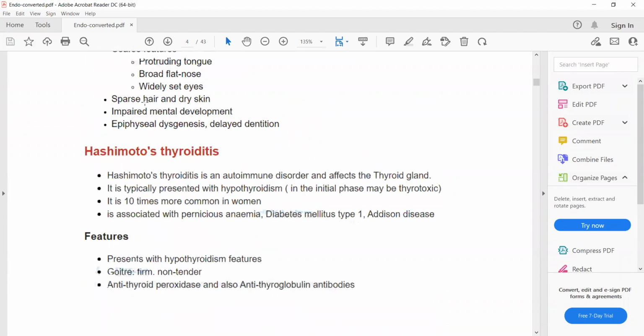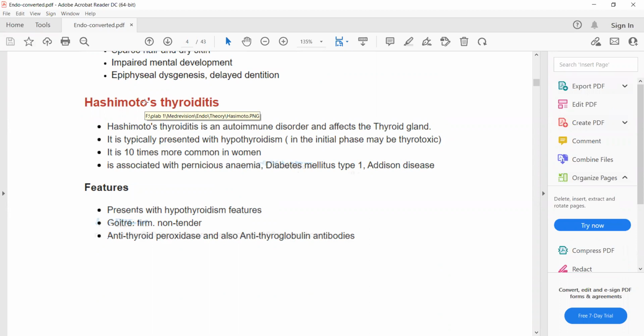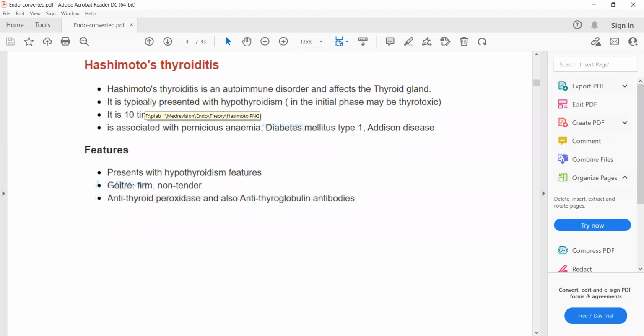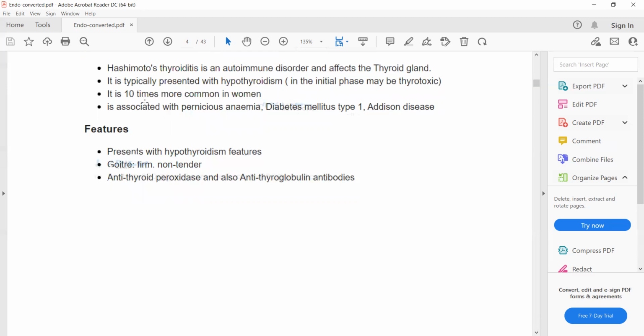So Hashimoto thyroiditis is the most common cause of hypothyroidism in the UK. It is 5 to 10 times more common in women. Hashimoto thyroiditis usually presents with features of hypothyroidism that we just discussed.